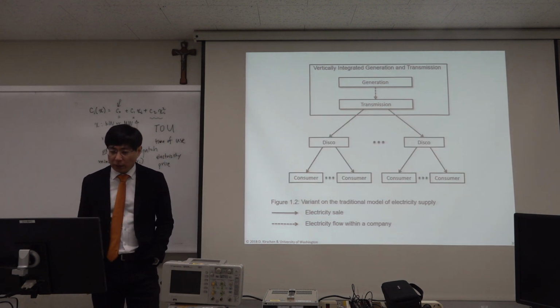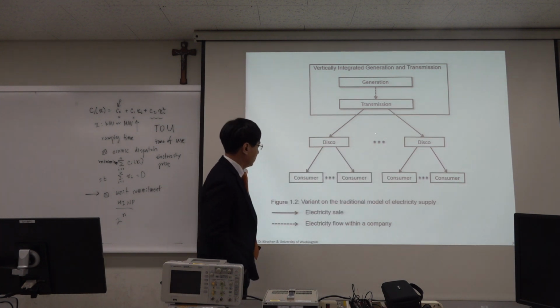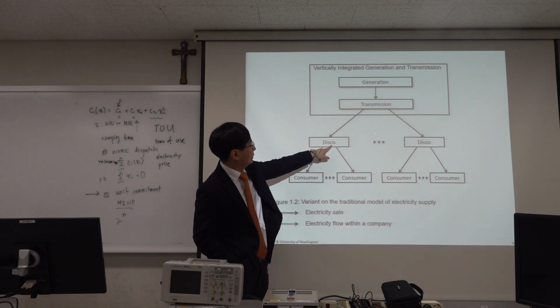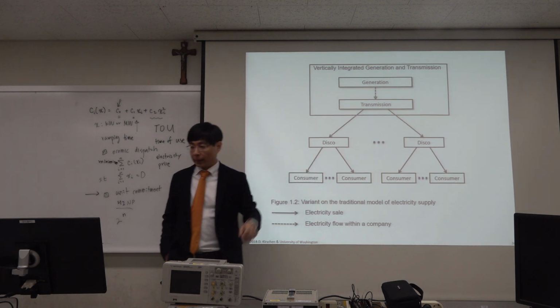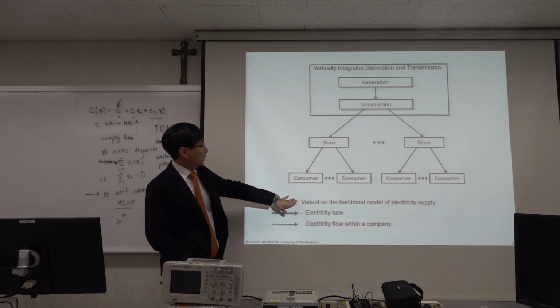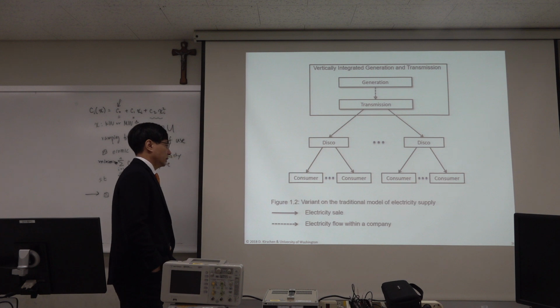Then we can think of several DISCOs. DISCO means distribution companies. So this is one kind of variant on the traditional model of electricity supply.